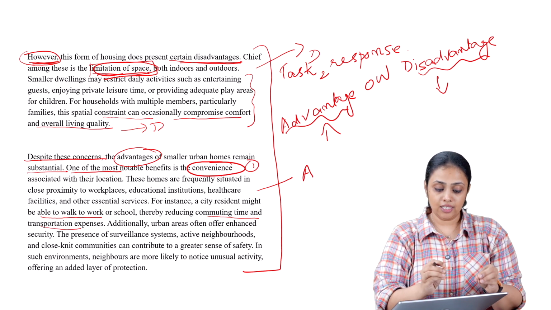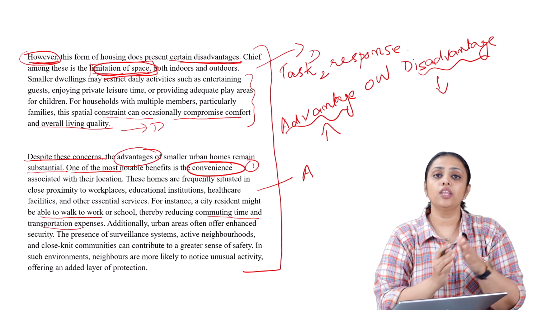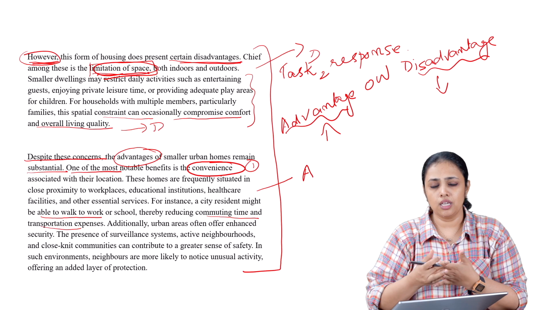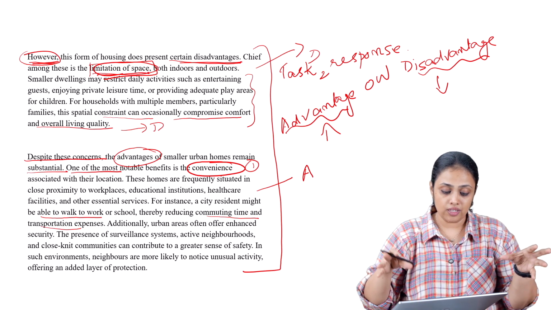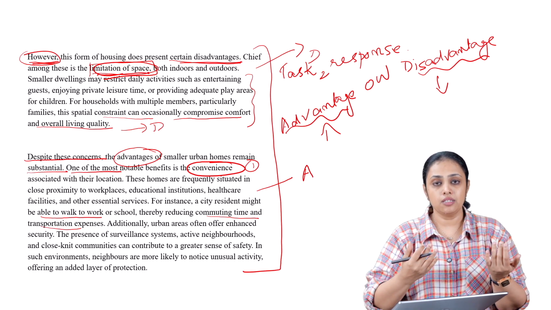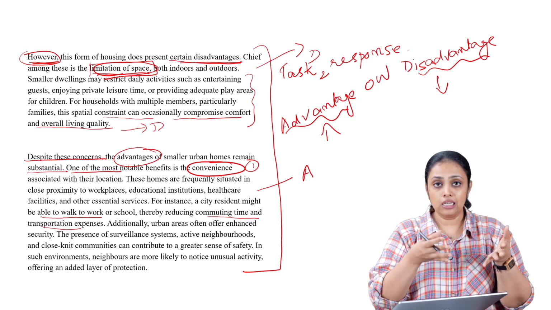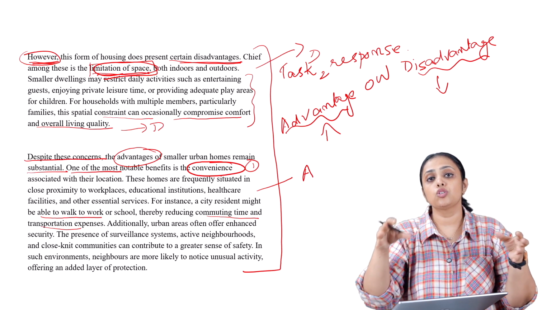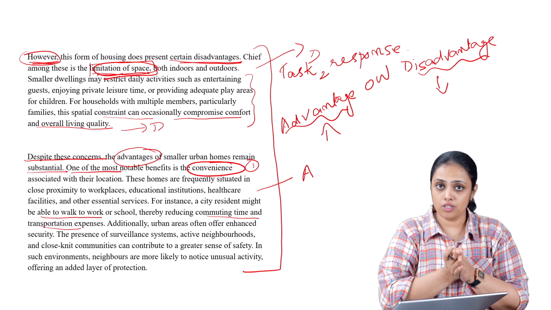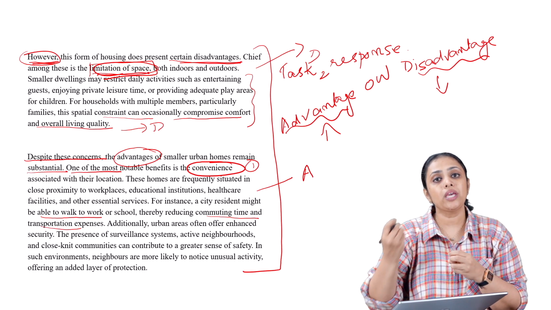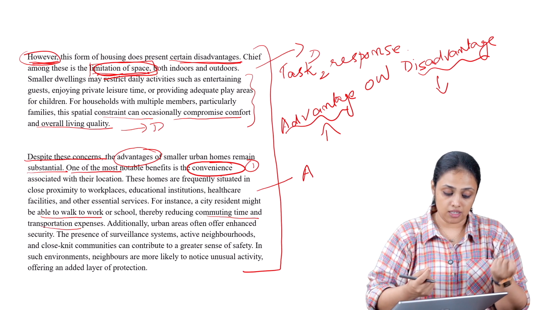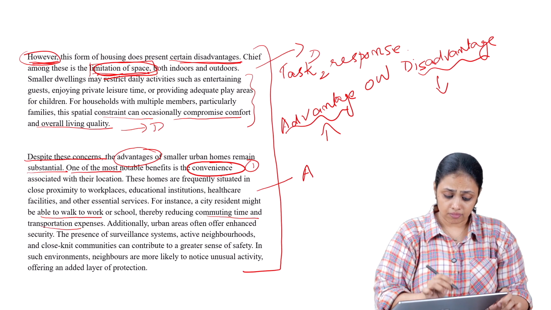So the first advantage that you put here is convenience, and then you have elaborated on how it is convenient, because when you're living in a city, you can access all of these basic amenities very quickly. Even though the houses are smaller, one of the reasons is quick access to such basic amenities. So that is the advantage.